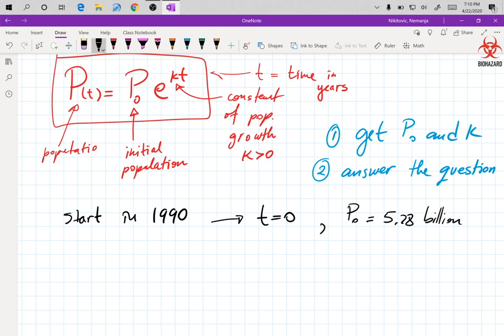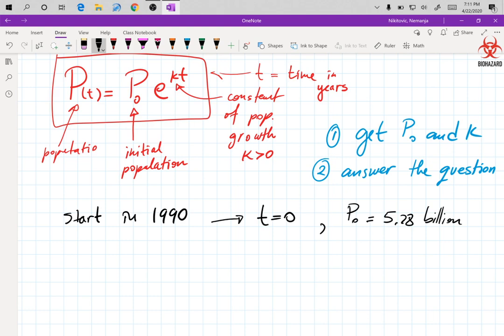So we start our clock at 1990, set it at 0, and that's our starting point, which is why we are able to say initial population. We don't care what happened before. That already gave me P0, which is awesome.